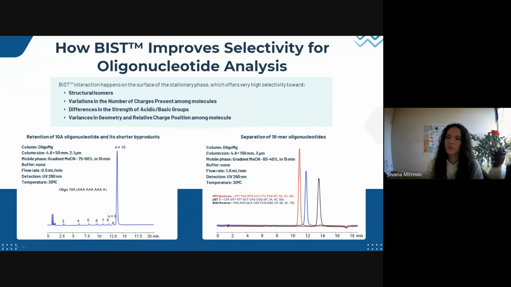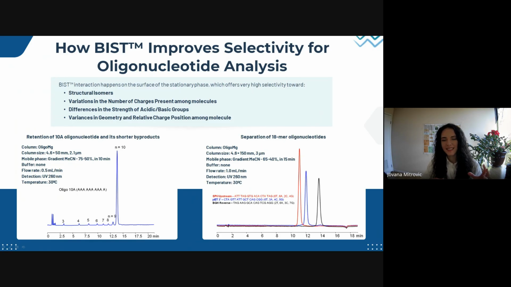So one of the most powerful and unique advantages of the BIST platform, including the OligoMG column, is the level of selectivity it provides when separating closely related oligonucleotide species. So let's break down what's happening. BIST-based interactions happen directly on the surface of the stationary phase via the ionic bridges.